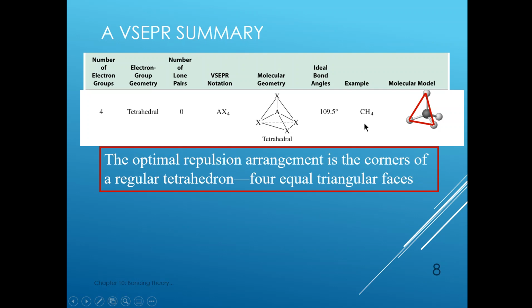An example of this would be the methane molecule, and this is the molecular model representation. All right. So this would be the shape adopted by molecules having this particular VSEPR notation.